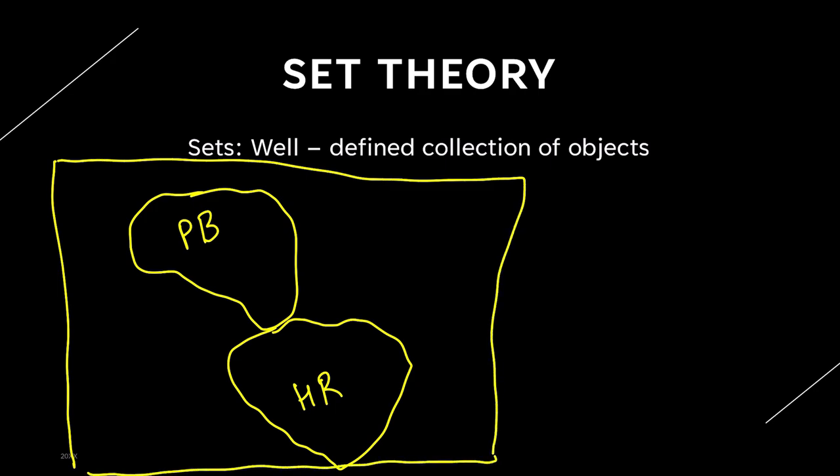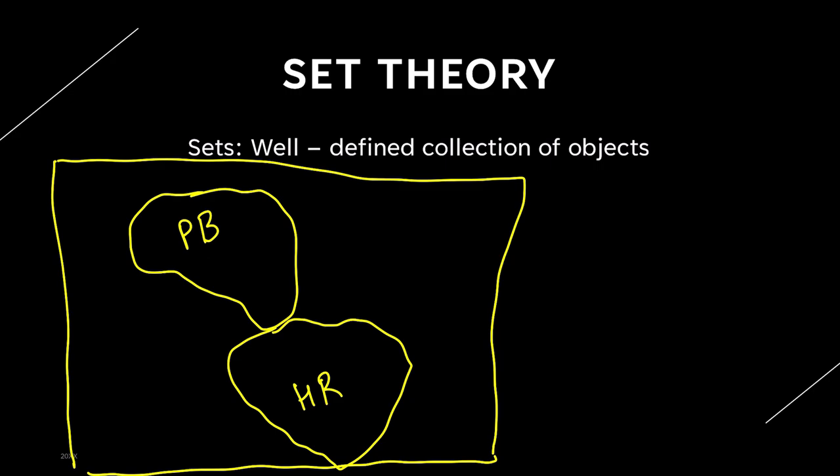Now, if I ask you what is a set, you will say people living in Punjab is a set. How? Because it's well defined that these are the people who live in the state of Punjab. So it's a well defined collection of objects, right? So the population of Punjab is a set. Population of Haryana is also a set, because the people living in Haryana are known as the population of Haryana.